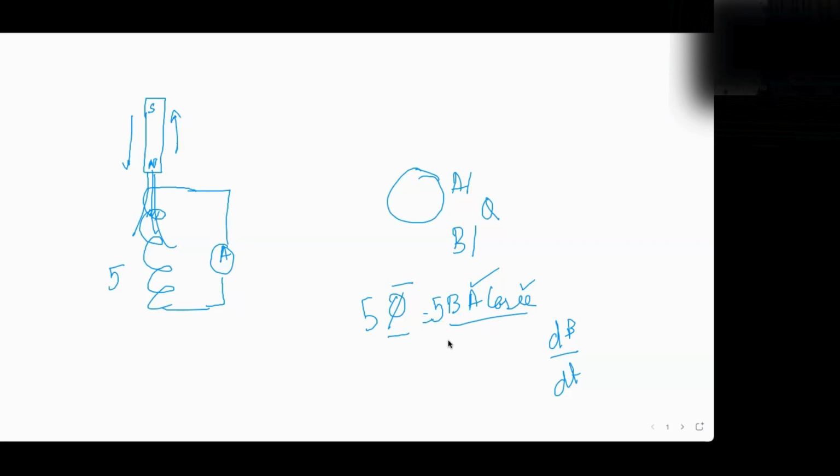Here I have 5 loops, but if I want to create more EMF, I will use 10 loops maybe. 10 loops will give me double the EMF value.